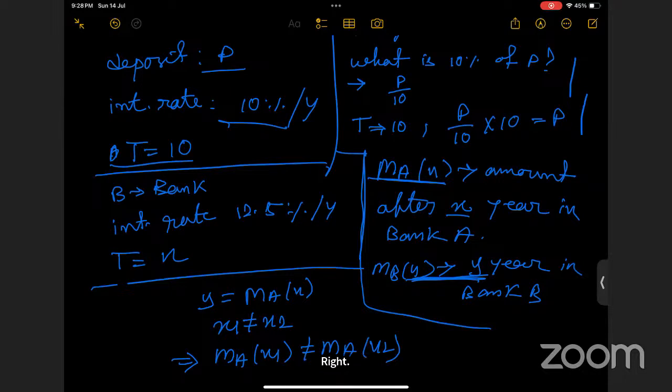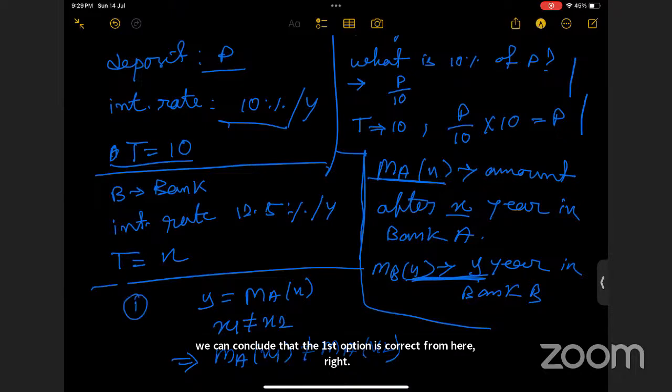Because every year we are adding some amount with the interest, right? So if we have different years, then the whole amount will be different. So we can conclude that the first option is correct from here, right?